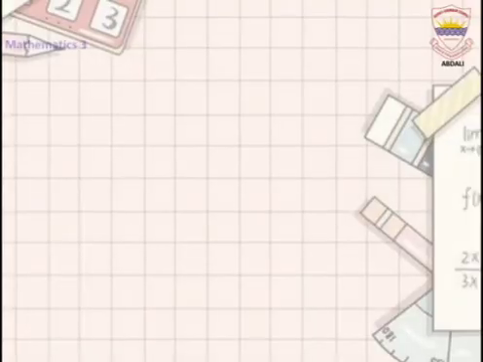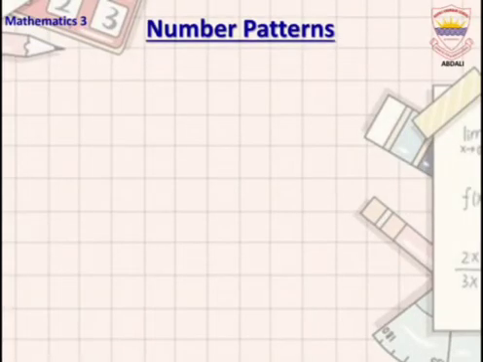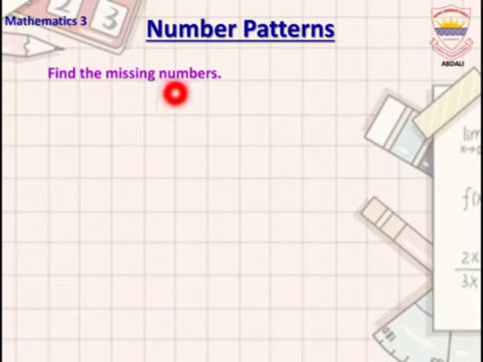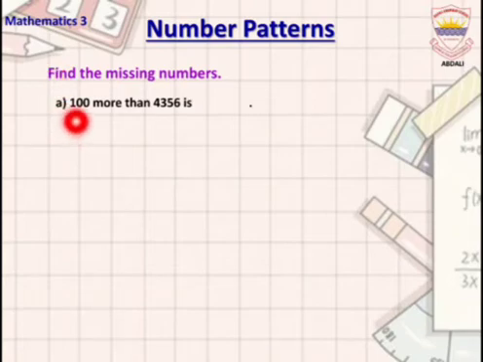Now students, let's start to solve our question by our first method, the number disk method. Our question is: find the missing numbers. 100 more than 4356.